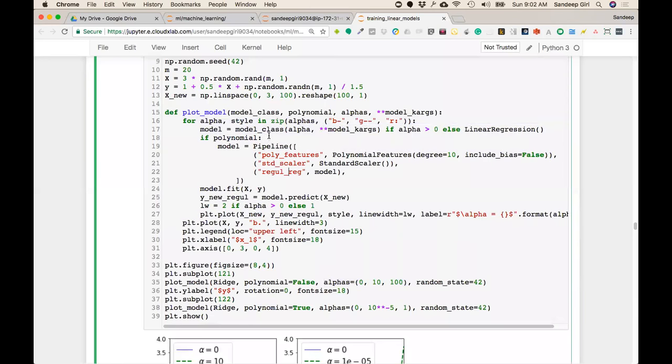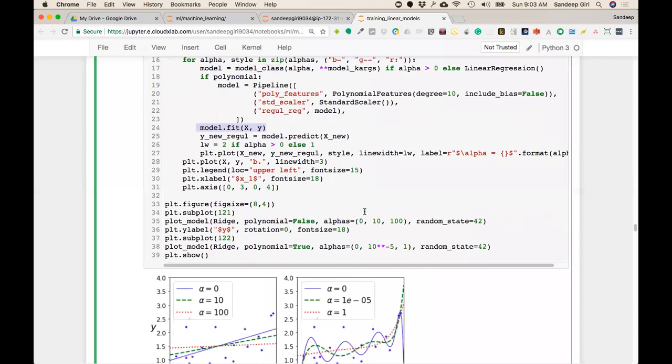First, we create the model using the model class. If it's a polynomial, then we create a pipeline using polynomial features first, then standard scalar, and then the actual model here. And then we call model.fit. Good. So this is what we are doing.